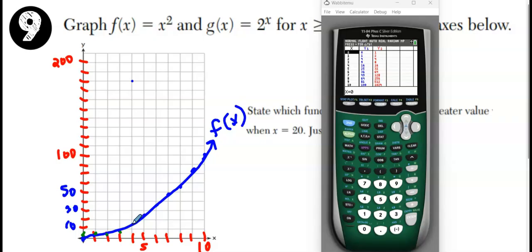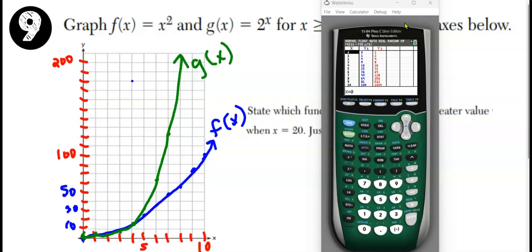And then they're the same at 16. And then all of a sudden this jumps up 32, 64, 128, 256, all the way off the grid. So this one will be g of x.